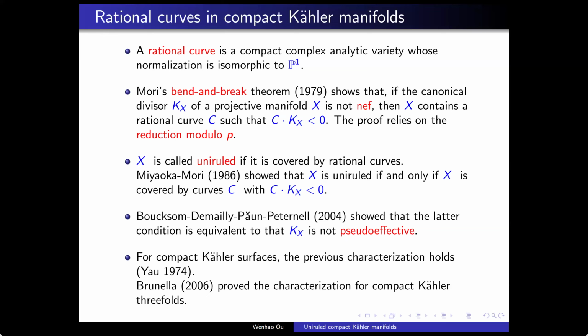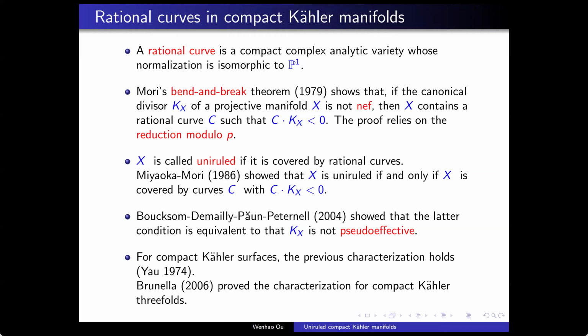The proof used the algebraic properties of projective manifolds. It relies on a method called reduction modulo p. This method does not adapt directly to the setting of general complex varieties, because for those varieties we do not have an algebraic structure.